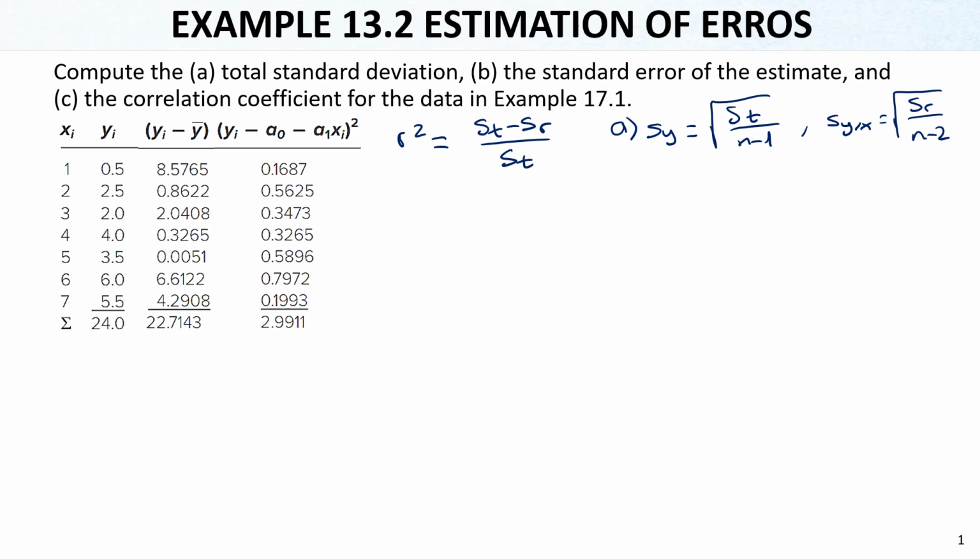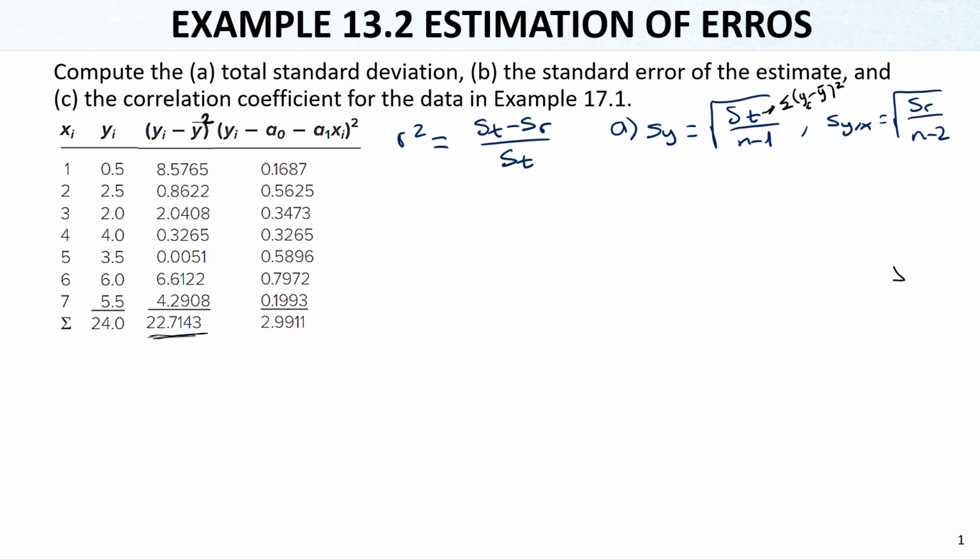And we know that this St is basically the total of yi minus y mean squared. So we will get the square of these. Actually, this is the square. Maybe there is a wrong statement here. Let's write it here. This is the square. Keep this in mind. So these are the square values of them, and this is the summation.